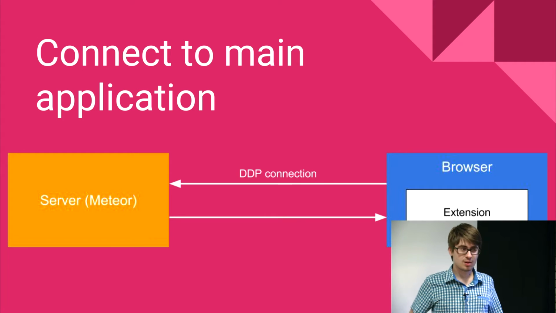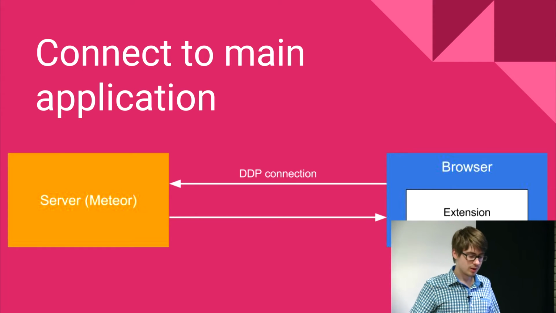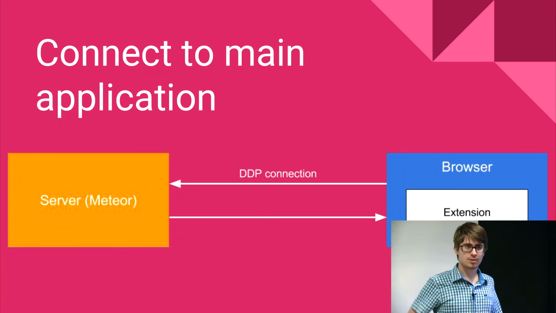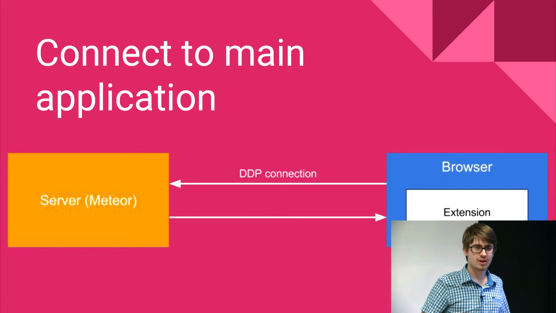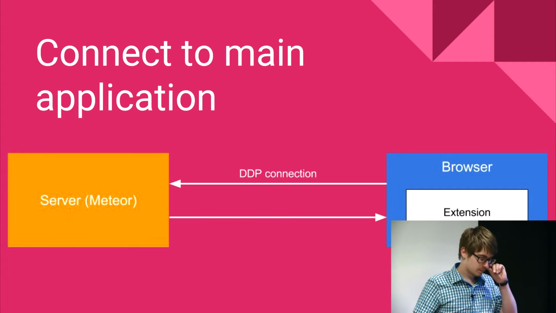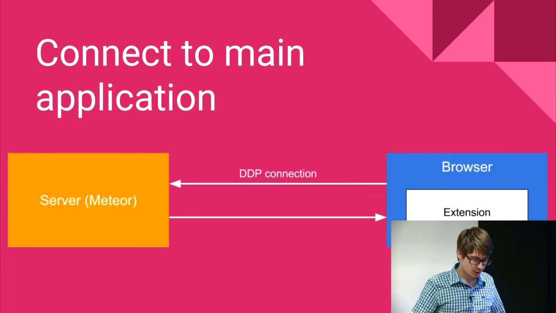So the main idea of our approach is to connect our web clipper to the main application via DDP. Previously we had a meetup with our cool guys, which was about React Native and connecting the application with DDP on the Meteor side, which uses a different approach.